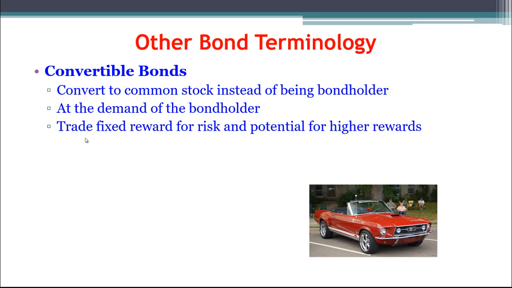And they're basically trading a fixed reward, which is the locked-in interest, the locked-in principal that they would normally get. They're trading that for increased risk that's paired with the potential for higher rewards.